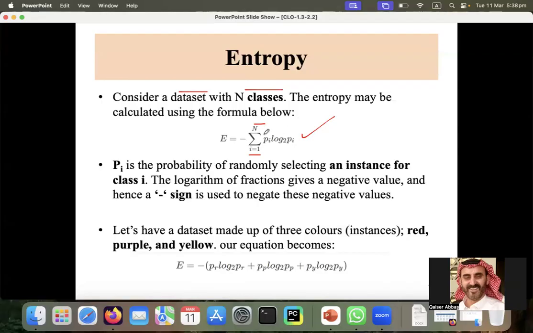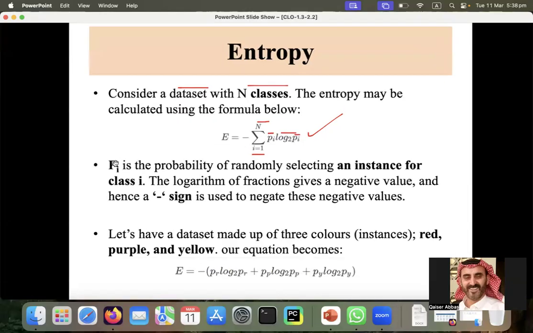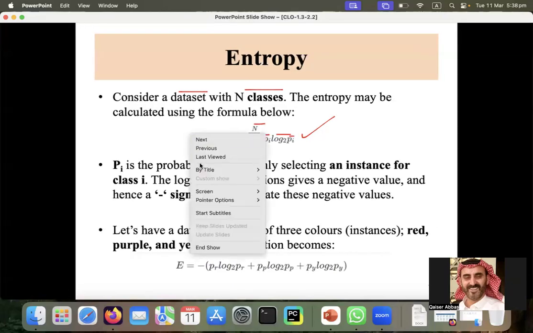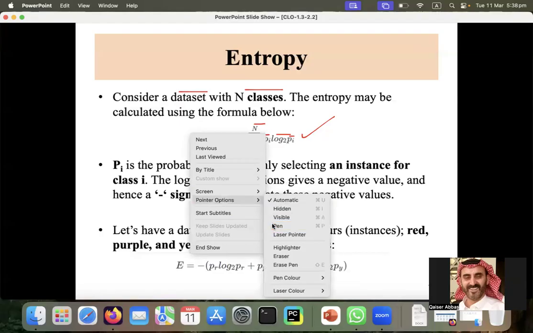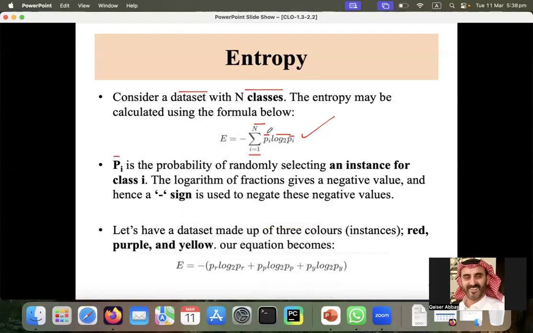So what is this p_i? This is the probability. In this formula, p_i is the probability. The probability will contain some value.